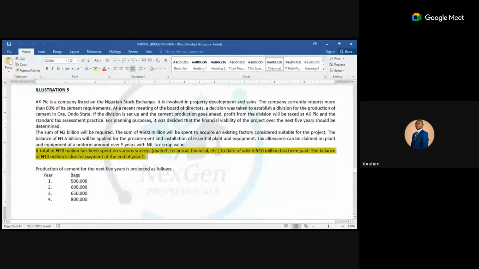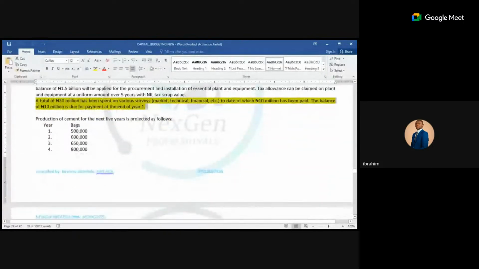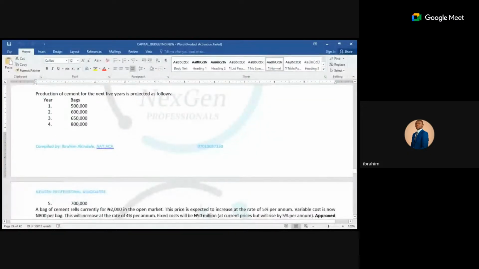Okay, we move. Now, we have the production of cement for the next 5 years. It's projected as follows. Don't forget that as a project finance officer, it is not that the project has been done. You are projecting what will happen in the future.